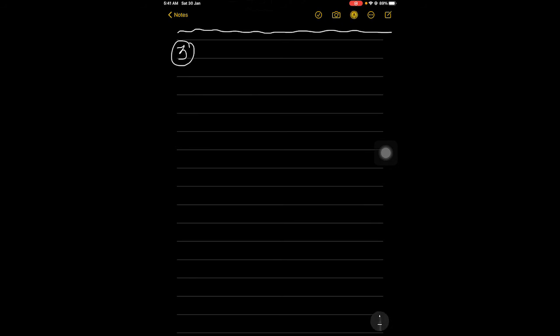So the wavelength of violet is given as 390 nanometer, so it is 390 into 10 raised to minus 9 meter.